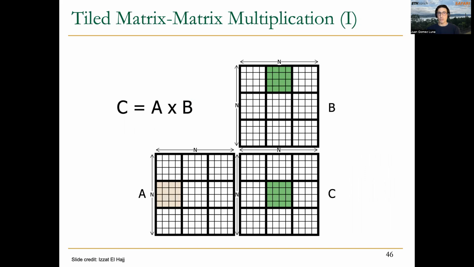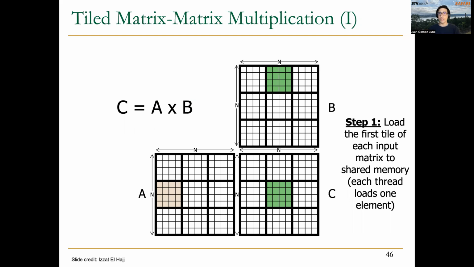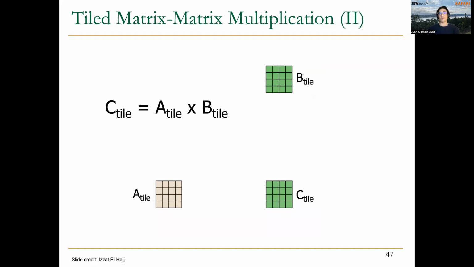In the tiled matrix multiplication, we divide the input matrices A and B into tiles, and step by step, we are going to load tiles into the shared memory and then use the data in shared memory to perform the computation faster, because accessing shared memory, as you know, is significantly faster, basically 2 orders of magnitude faster than accessing global memory.